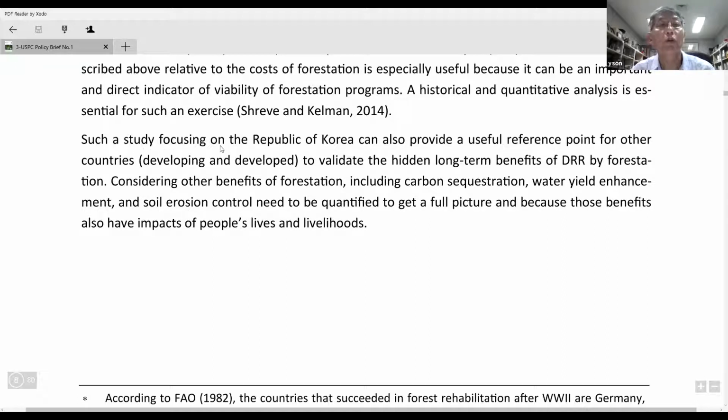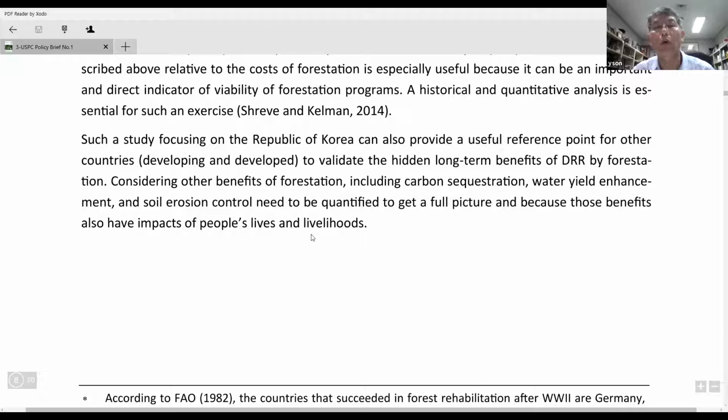Such a study focusing on Republic of Korea can provide a useful reference point for other countries to validate the hidden long-term benefit of DRR by reforestation. Other benefits of reforestation, including carbon sequestration, water yield enhancement, and soil erosion control, need to be quantified.